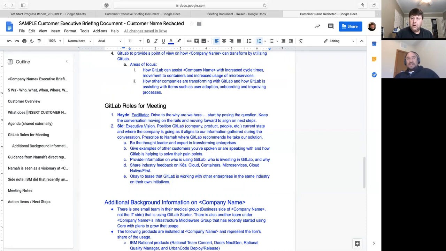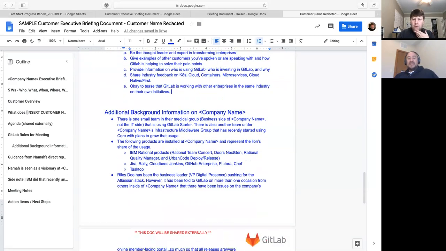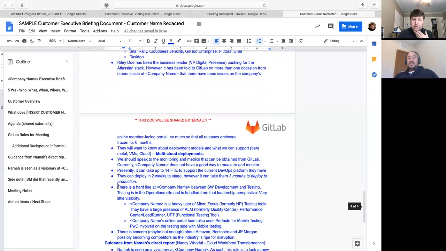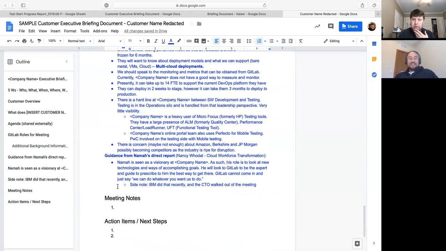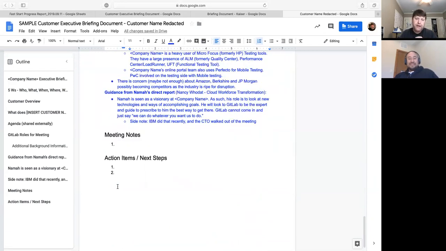As a facilitator, your job is to keep the conversation moving towards the goals. Obviously, you want Sid to provide the executive vision, and you give some points as to what you're trying to get from Sid, and make sure that's clear and concise. And then, of course, I also input any additional background on the company that may be pertinent to the conversation. Excellent. And then I see you reserve some space to capture meeting notes and action items after the meeting takes place.